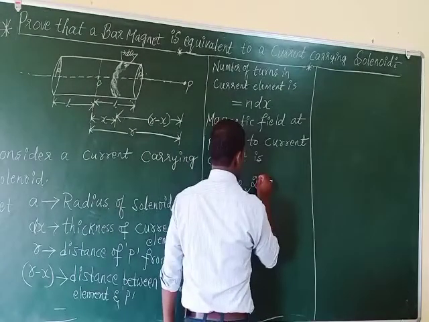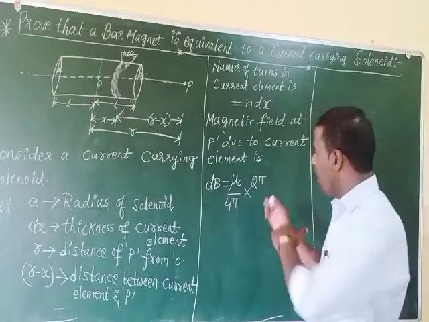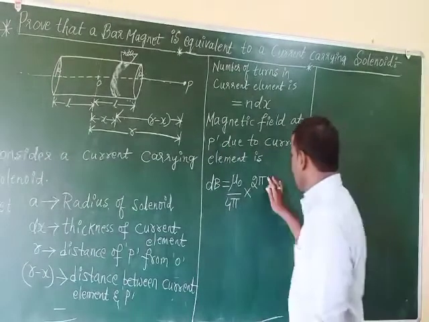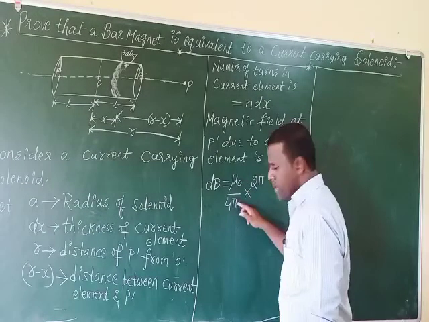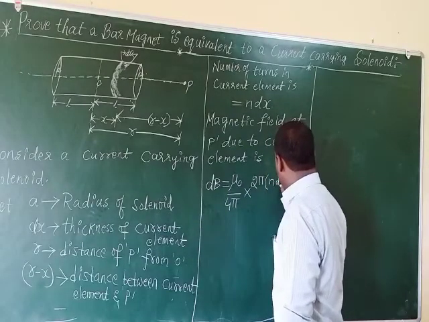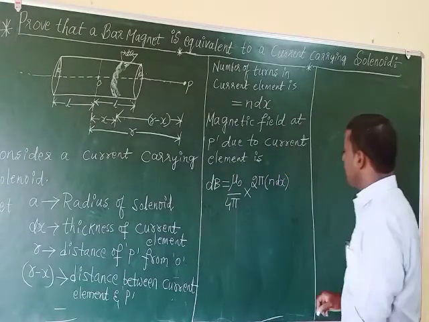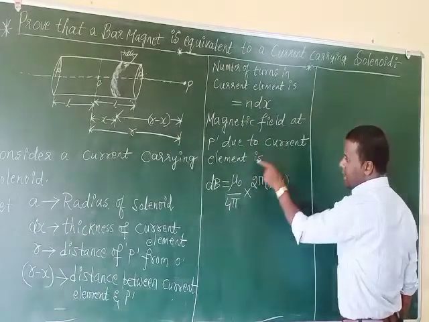While listening to the class you must say what is written on the board. See, mu naught by 4 pi. How to read this? Mu naught by 4 pi into 2 pi times the number of turns in the current element, n dx, because the magnetic field at P due to the current element is asked.